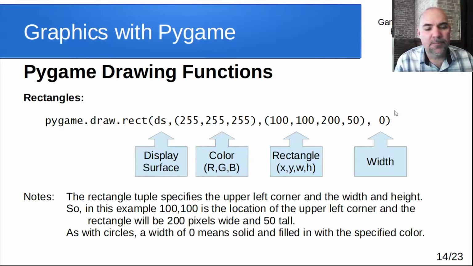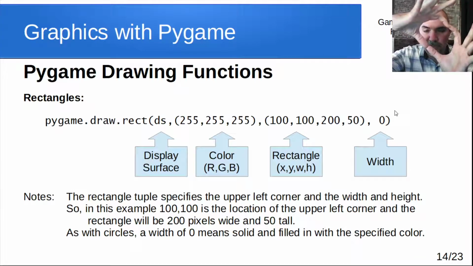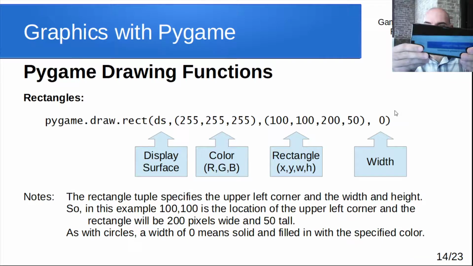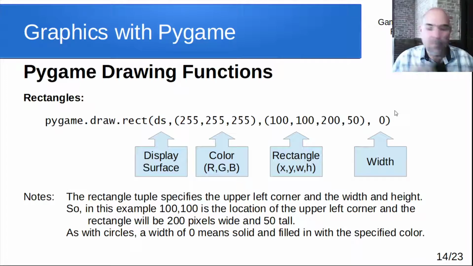Okay, rectangles. A rectangle, in this case, is always going to be aligned with the screen. In other words, you can't do one that's tilted or sideways. So as an example, you can do rectangles that are like this, but not at an angle like that. The way those work, pygame.draw.rect, and you're probably getting familiar with the pattern.